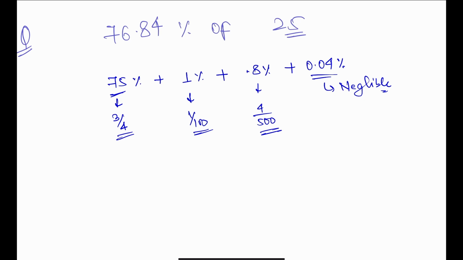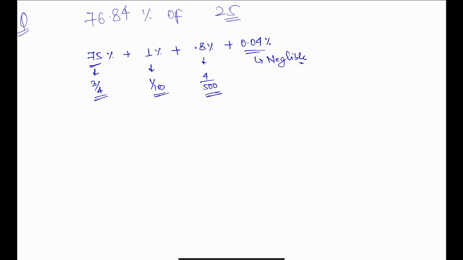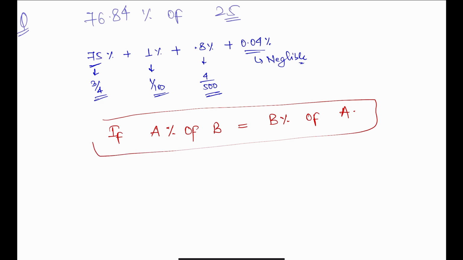If one side is given as a tough question, but the other side is not that tough, then what we can do is, there's a concept: if A% of B we know, then it will be the same as B% of A. This is very important.